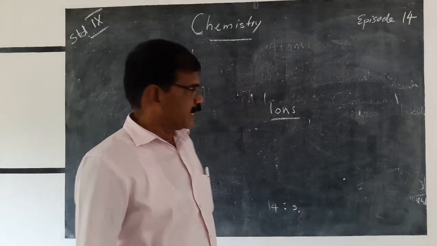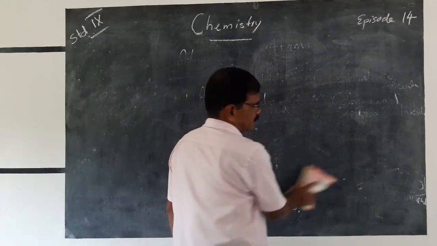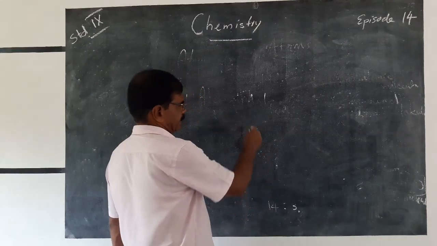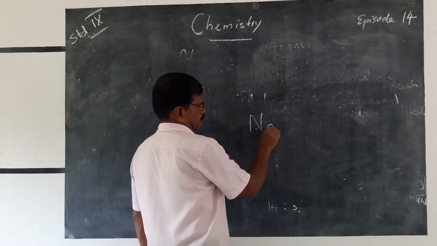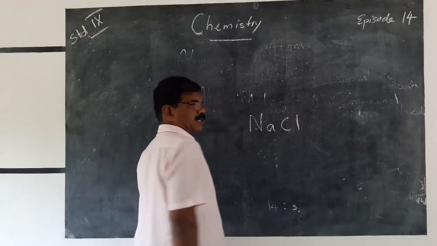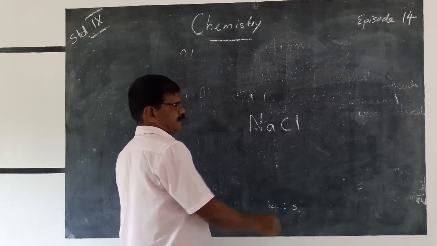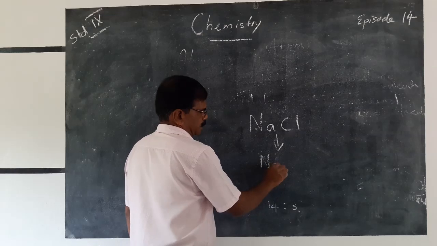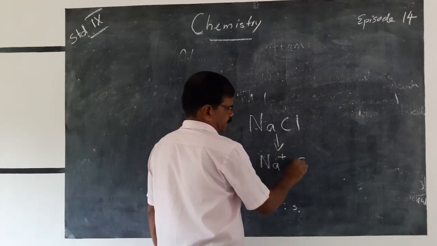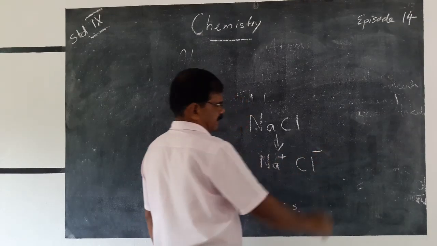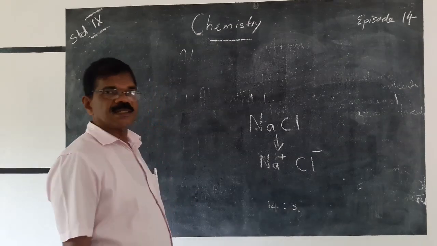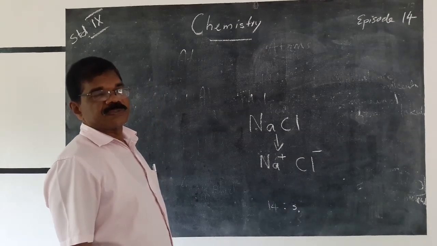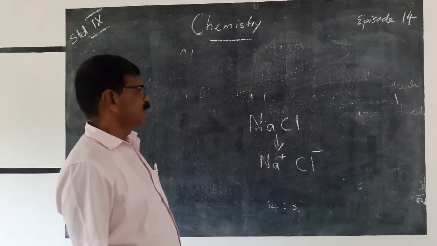But when they acquire a charge, take the case of sodium chloride. When it is put in water, what happens? It dissociates into sodium Na positive ions and Cl negative ions. How is sodium chloride formed?